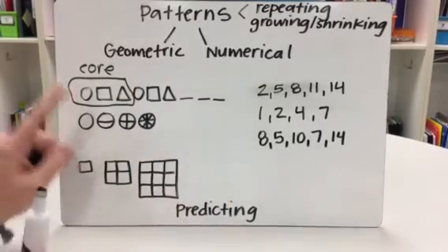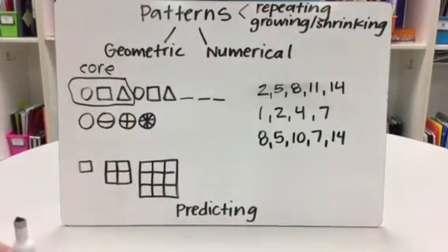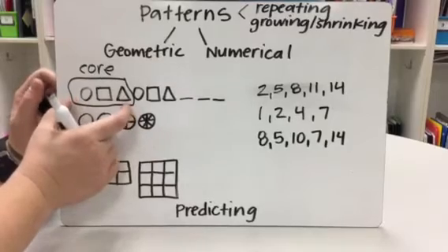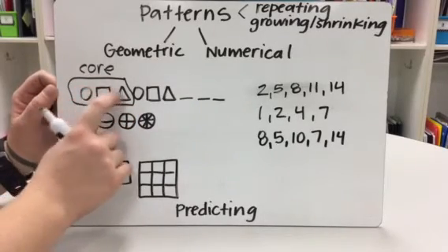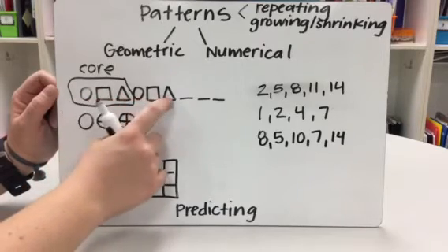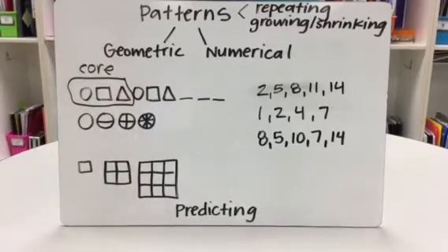And you can even use the core to predict way out in advance and say, what would the 18th be? Since this is getting repeated, I can count 1, 2, 3, 4, 5, 6, 7, 8, 9, 10, 11, 12, 13, 14, 15, 16, 17, 18. The 18th term, these are each a different term, would be a triangle, and so I use the core to do that.